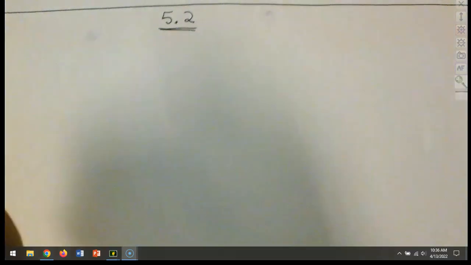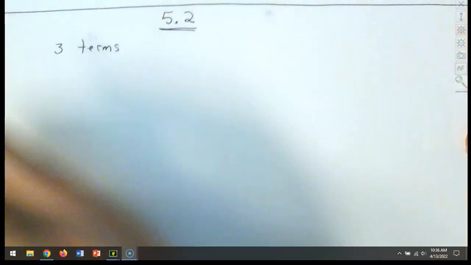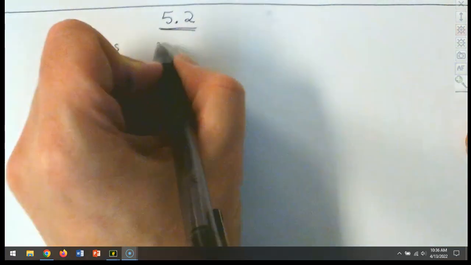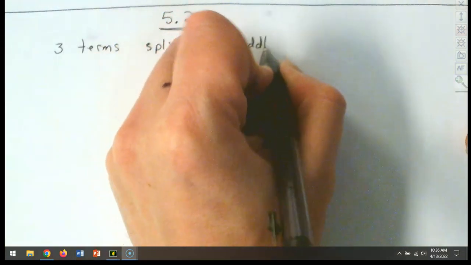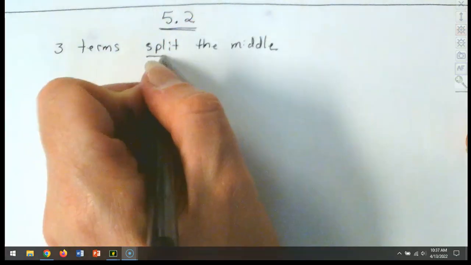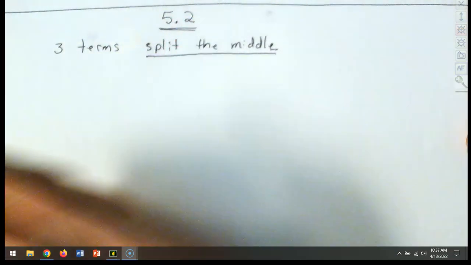So for three terms, we call this splitting the middle. So this is what we're going to be doing, we're going to be splitting the middle up for three terms.